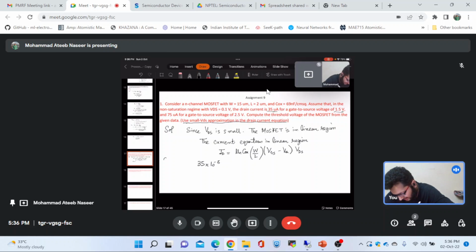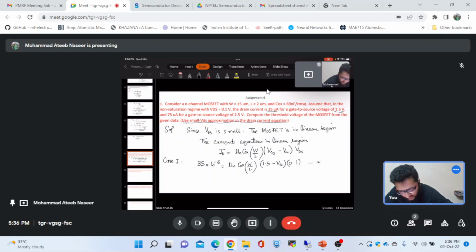Let me write it as case 1: 35 times 10 to the power of minus 6 is equal to mu n Cox W by L, 1.5 minus VTH into VDS, where VDS is 0.1 volt.